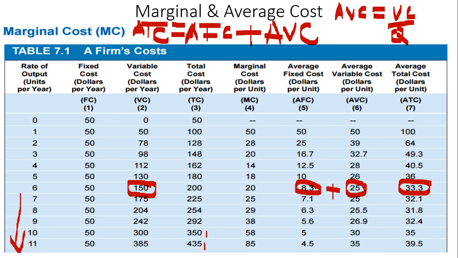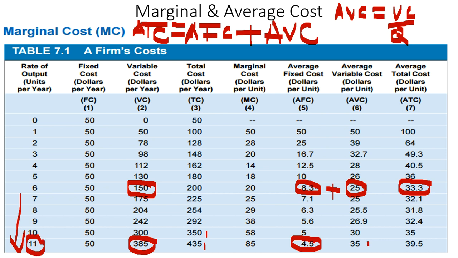To get the average fixed cost, we know that it is just the fixed cost, which is the 50, divided by the number of units, the 11. So 50 divided by 11 will give us the 4.5. To get the average variable cost, it's the variable cost, the 385, divided by 11, the number of units.